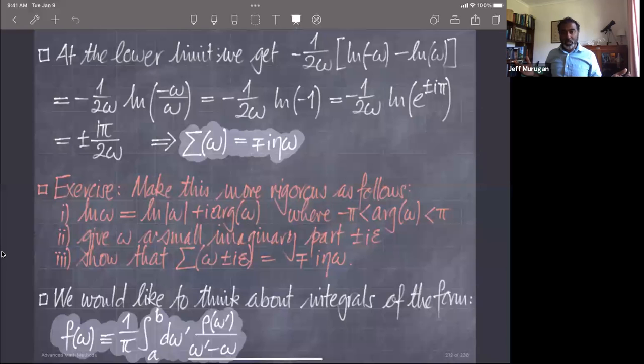Means change i's to minus i's, and if I see any possibly complex functions in there, I complex conjugate it. The only possible complex function that could sit in here is this guy here. Remember, the integral is real. The only possible complex valued thing is sitting in here, but I'm assuming that this guy is real, which means that when I take the complex conjugate, I get the function back again.